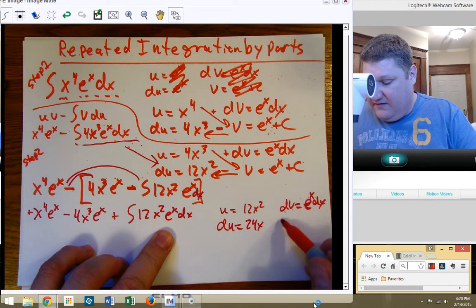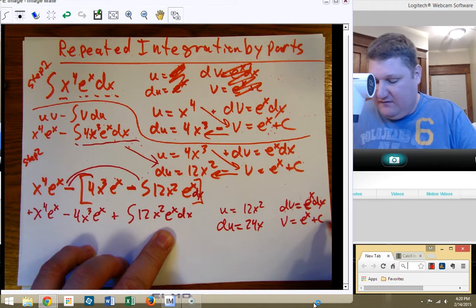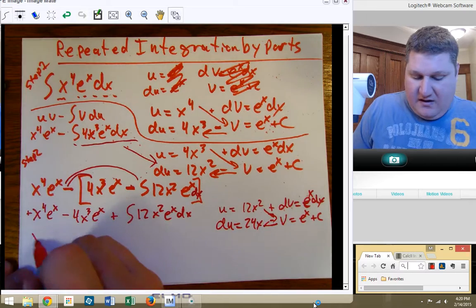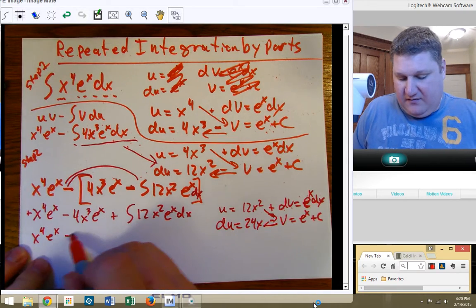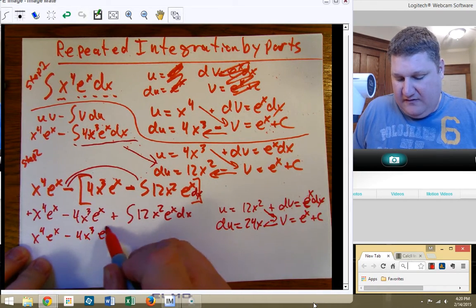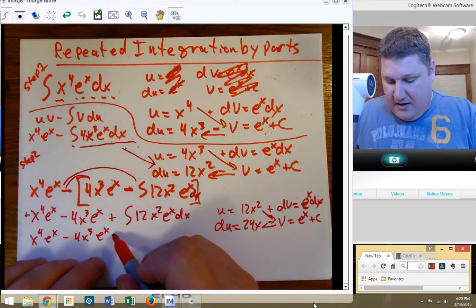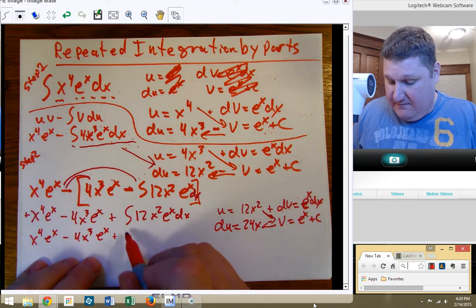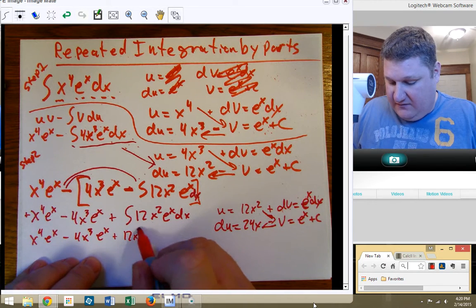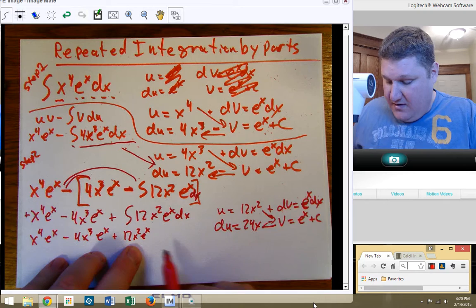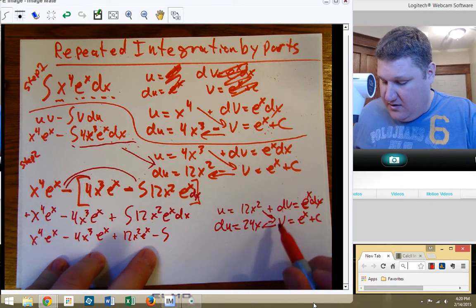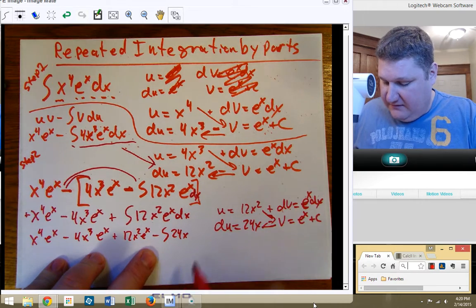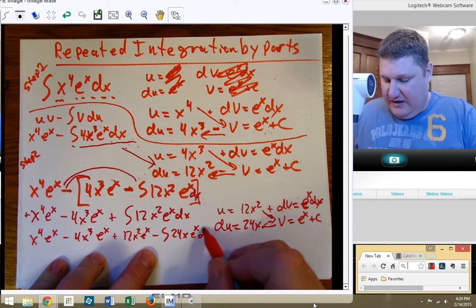V is going to equal e to the x plus c, down and back, plus and minus. x to the fourth, e to the x, minus 4x cubed, e to the x, plus, now the nice thing is since it's a plus, they all stay the same. I get 12x squared e to the x minus the integral of 24x e to the x dx.